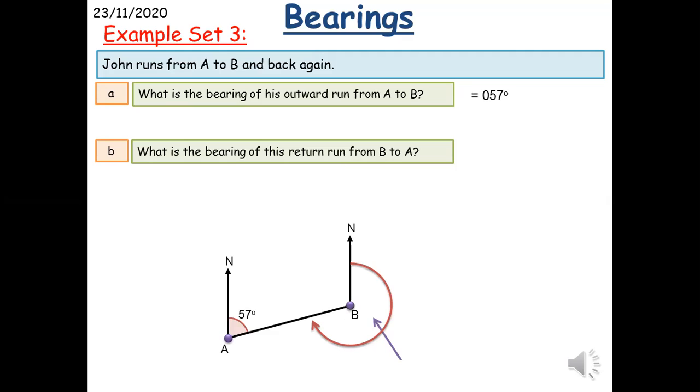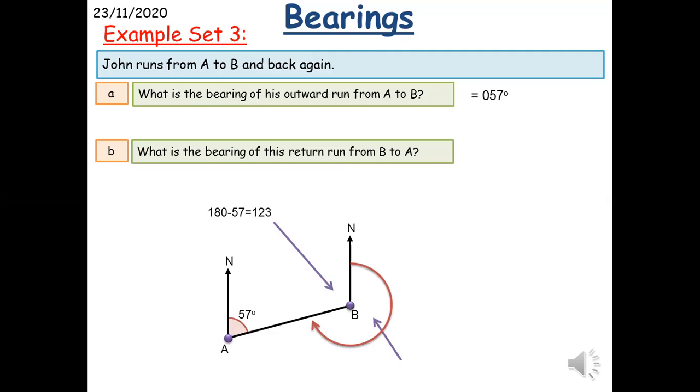Oh, but I don't know it. So first I have to get this angle. How to get this angle? The two lines are pointing to the north, so it means they are parallel. So the two angles inside are interior and they add up to 180. To get this angle, I will do 180 minus 57, and that's 123.